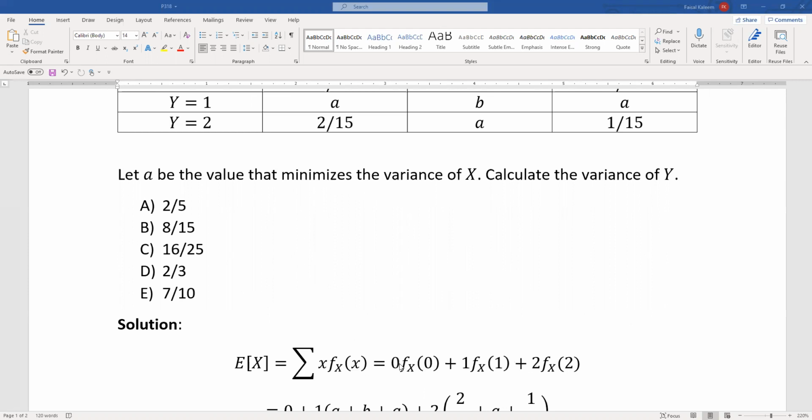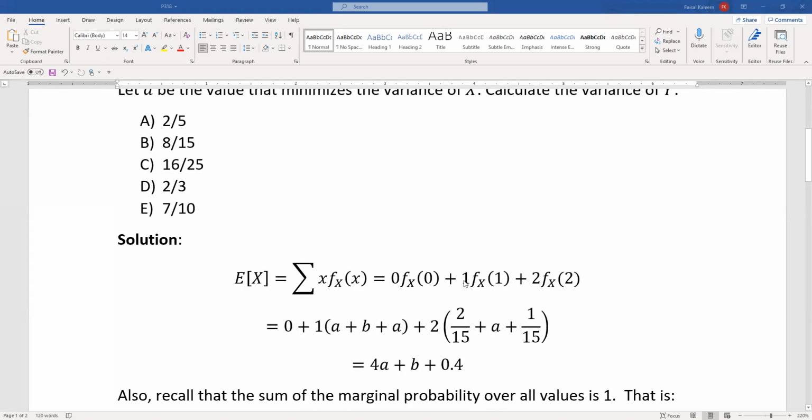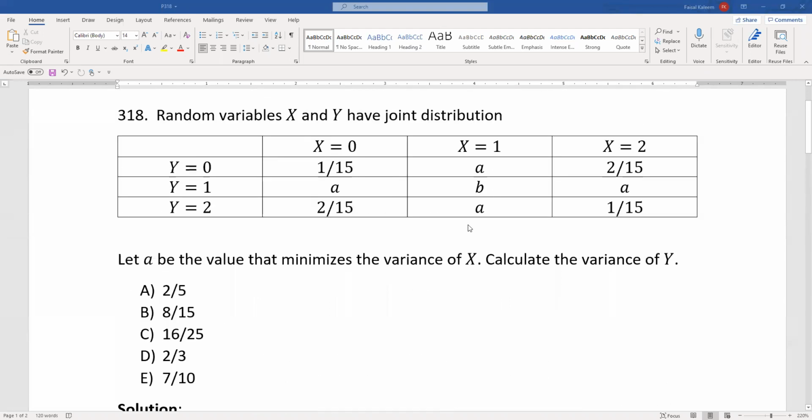I don't care what fx0 is right now because that's just times 0. So basically I just have 1 fx1. fx1 will be the summation of this column where x is equal to 1. So x is equal to 1, then y is 0, or y is 1, or y is 2.